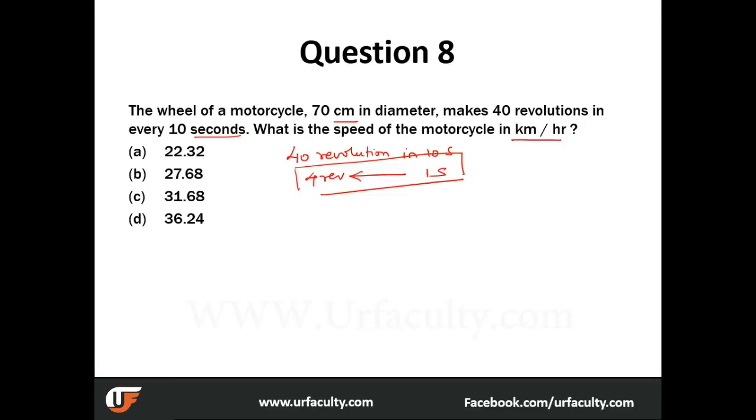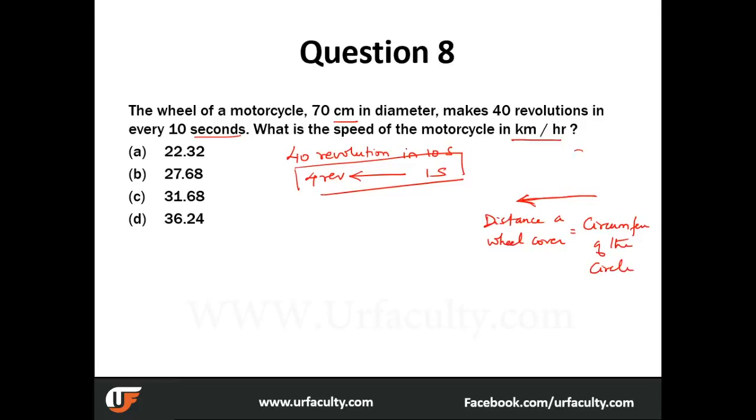So if a wheel moves from one point to other, the length that it covers, the distance that it covers, is equal to the circumference of the circle.